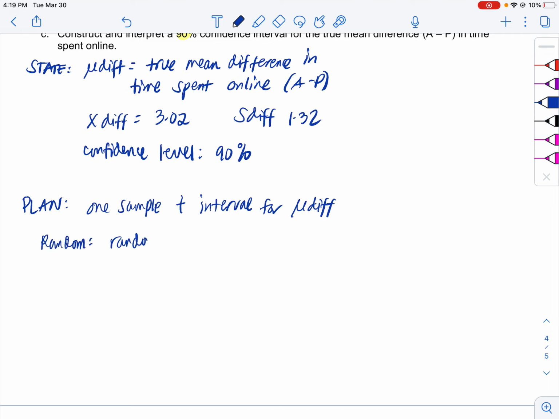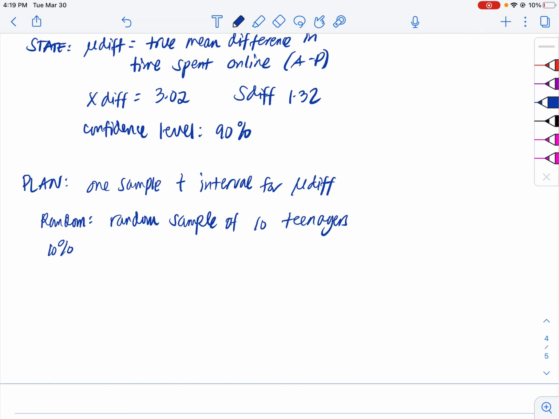So random sample of 10 teenagers. I have to check the 10% condition in here because this was not randomly assigned. There was no randomization going on in here, and there was a sample that was done. So I have to do my 10% condition.